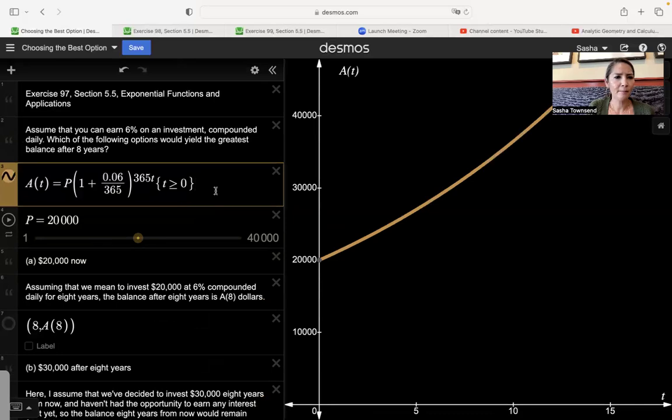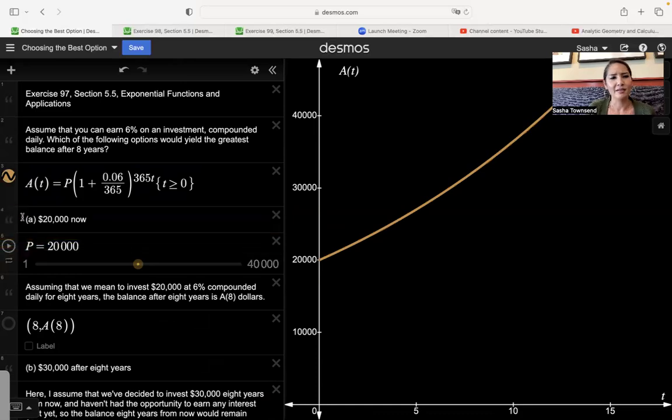Now, if we start with a $20,000 investment right now, then we get one balance after 8 years. So it says, which of the following options would yield the greatest balance after 8 years? And then the first option, A, is $20,000 now.